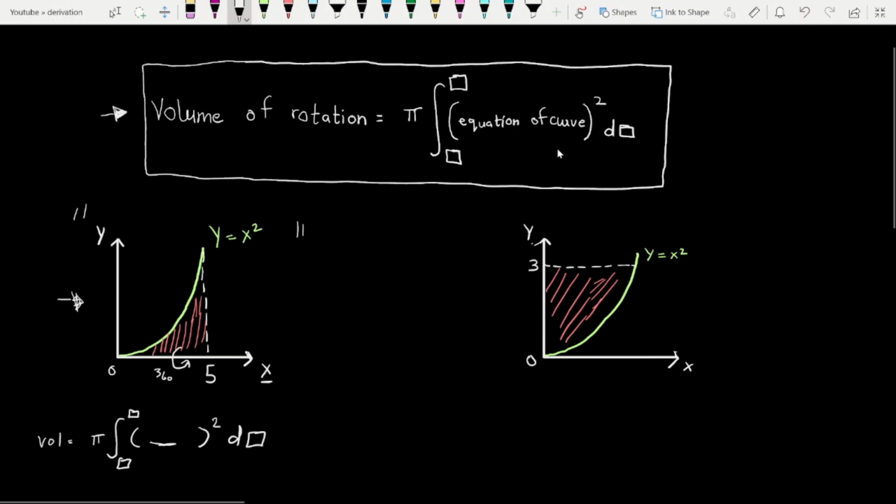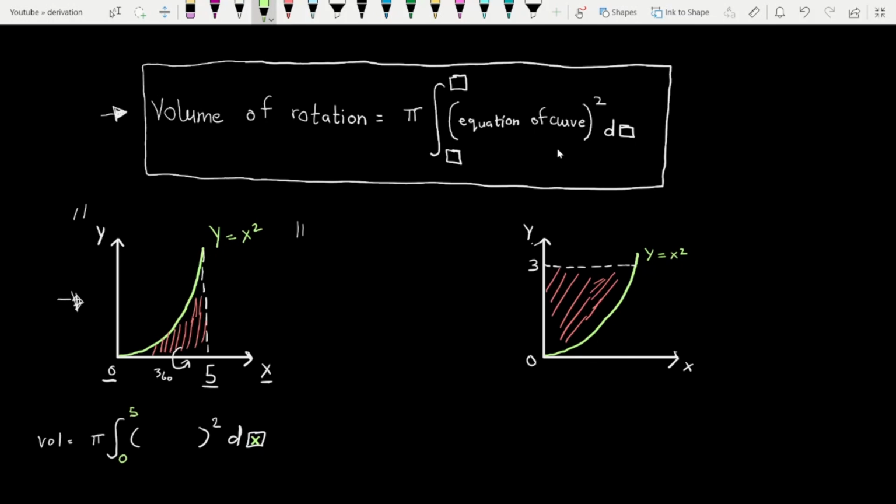That's the tricky part. So you know that you're supposed to rotate this area about the x-axis. So you're going to put an x over here. So that's your first box filled. Now you need to know your limits, and your limits are 0 to 5, which you can clearly see. And then you're going to write the equation.